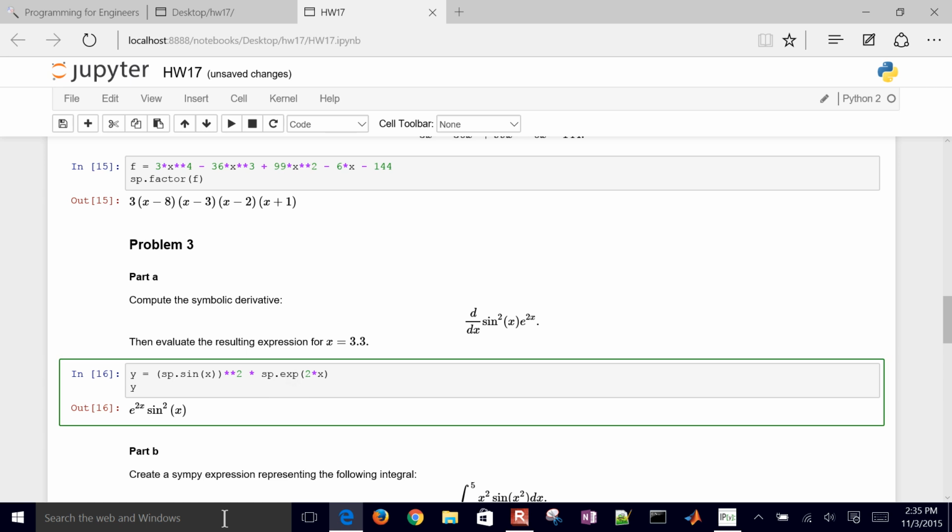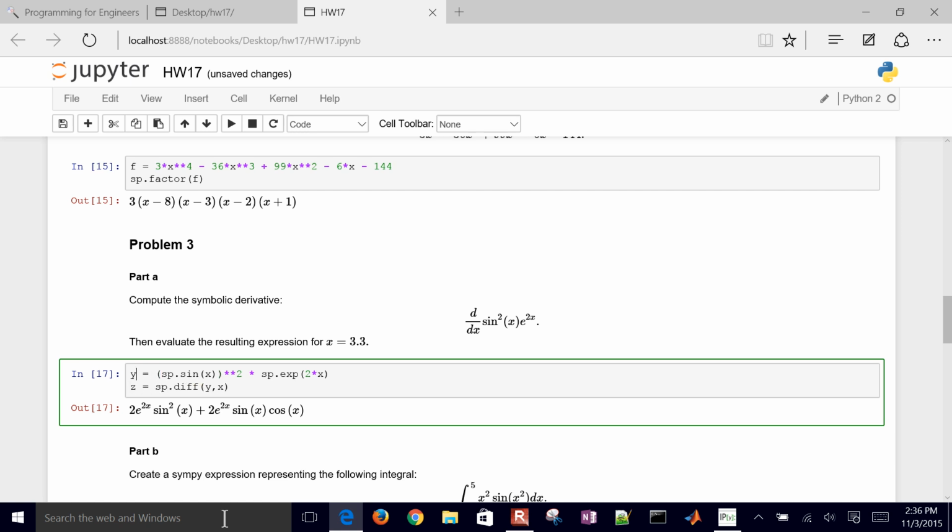And then we want to compute the symbolic derivative. Okay, so I can do SymPy dot and then the differential. Okay, and I'm going to do the y with respect to x, and there's my differential. Okay, I'm going to call that z now.